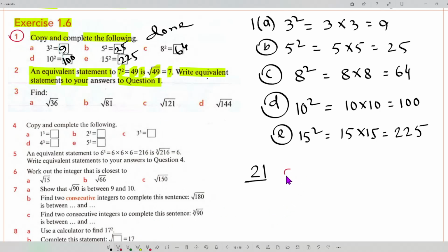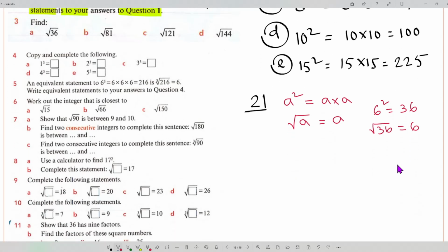Look, a squared means a times a, right? Similarly, root a means a. 6 squared is 36. Similarly, root 36 means 6.